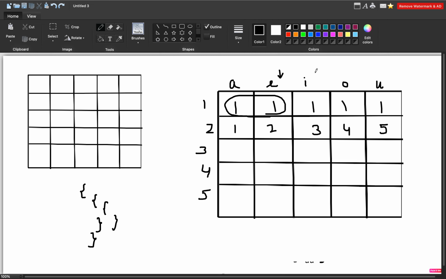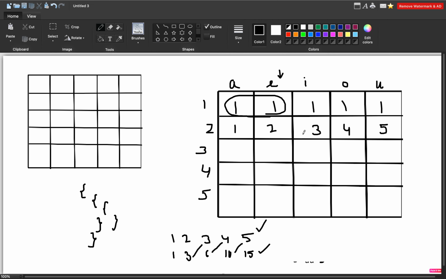Prefix sum says that if you are given elements like 1, 2, 3, 4, 5, and you have to find the sum up till this index, what you will be doing is 1, and then previous 1 plus 2 is 3, and 3 plus this previous is 6, 4 plus this 6 is 10, and 10 plus this 5 is 15. So our answer will be 15.